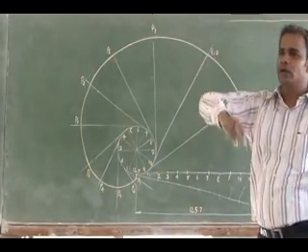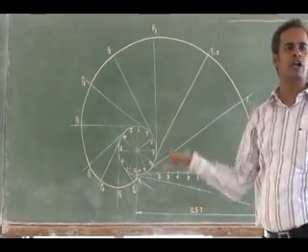First you get it lightly, then once you have got the smooth curve, you darken it using your H pencil.